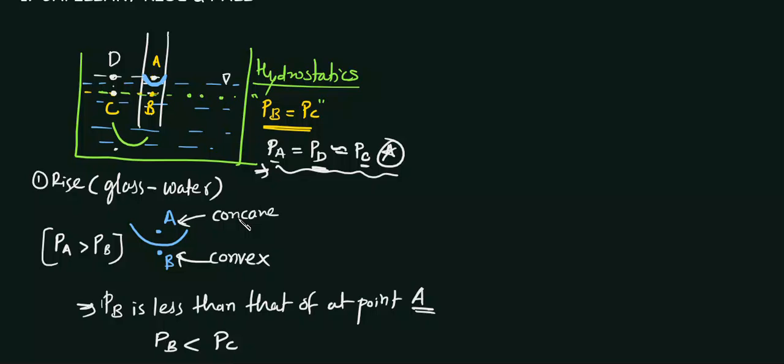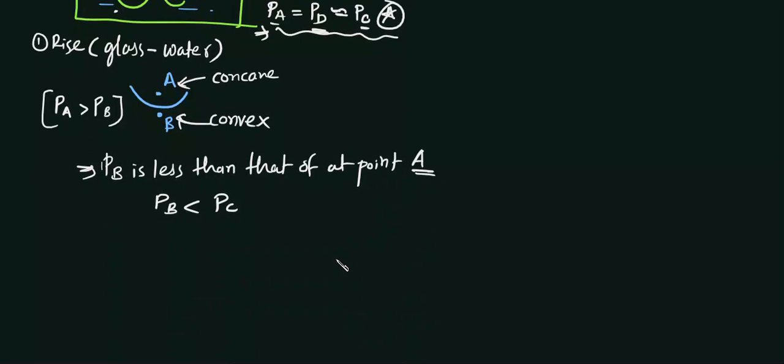So the water will rush into this tube from higher pressure to lower pressure, that is, from C to B. And that's why after some time the condition will be like this: the point C will be here, the point B will be here.